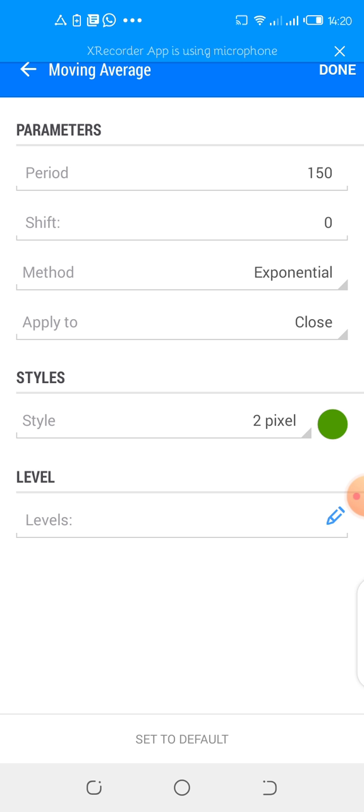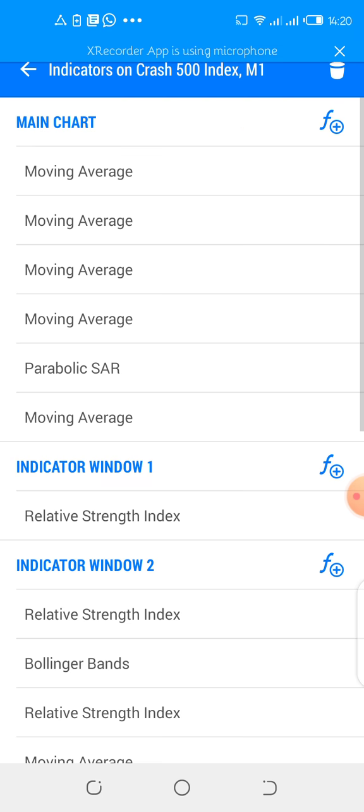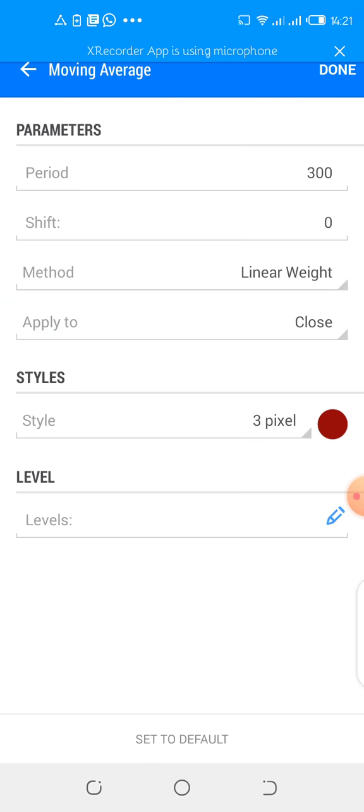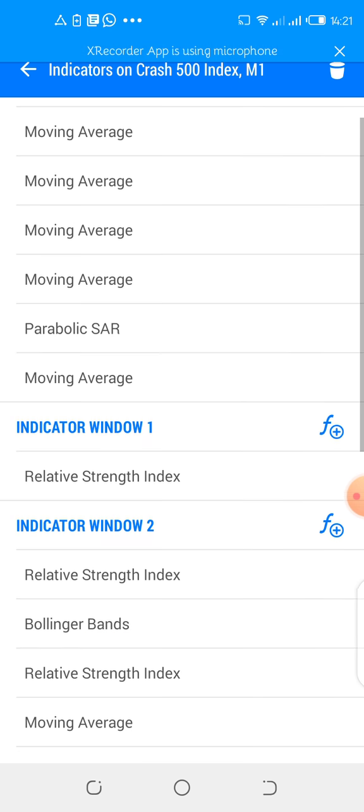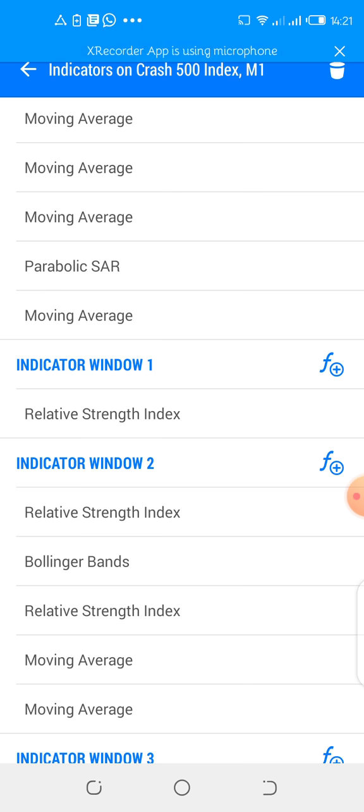Same color, same setups. Okay, and then the last moving average is moving average 300, but this time it is linear weighted and a different color. And then the last part is a parabolic SAR.